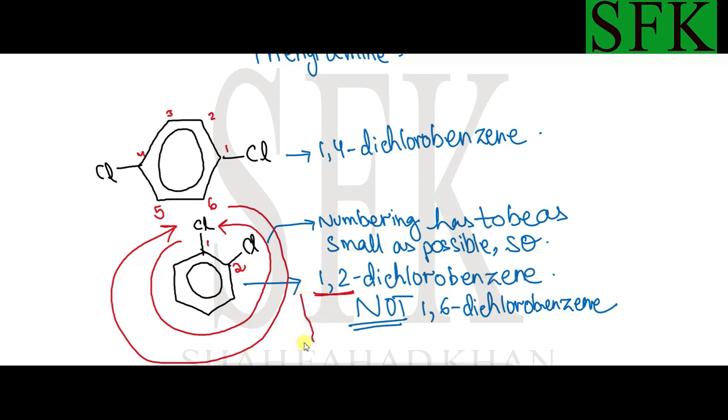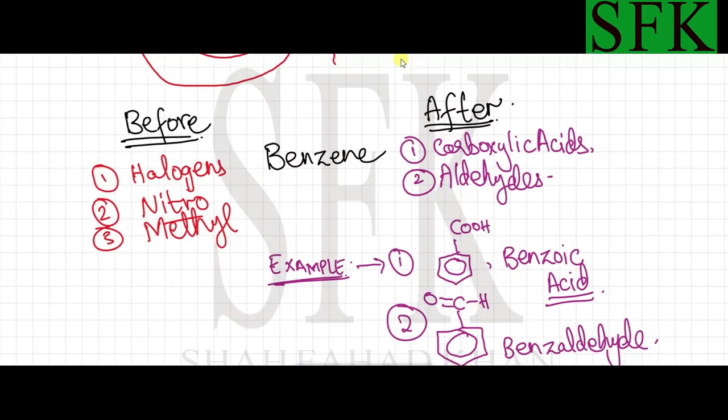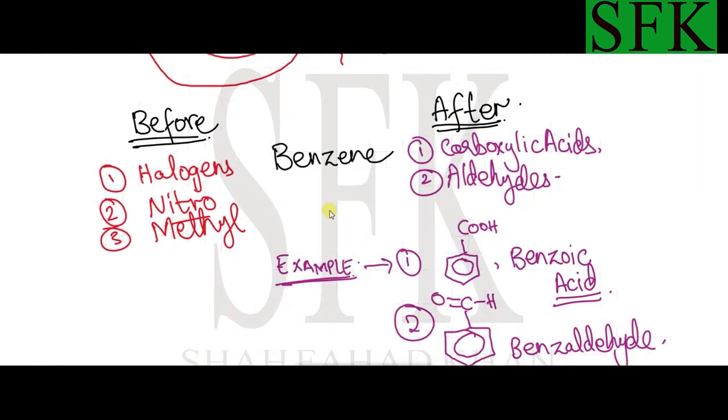Okay, now let's move forward. Something very important over here. Benzene, if it has a halogen as a substituent, a nitro group as a substituent, or a methyl group as a substituent, methyl, nitro, and halogens, they're gonna be named before benzene in the name of that compound, and benzene will stay as benzene.